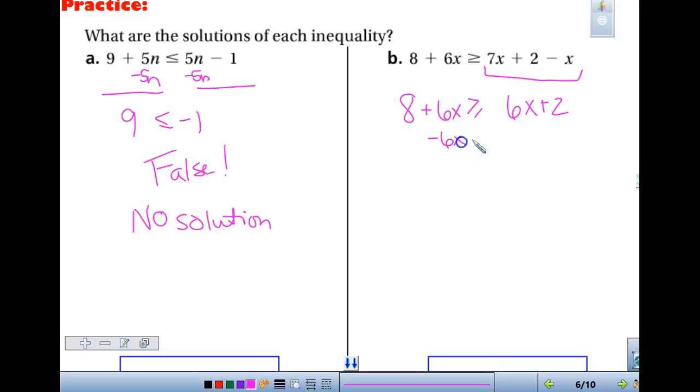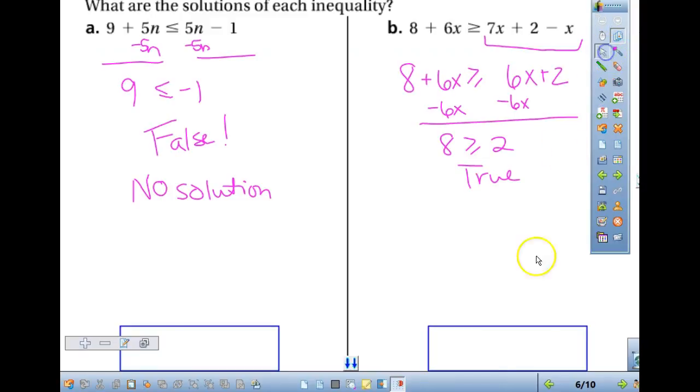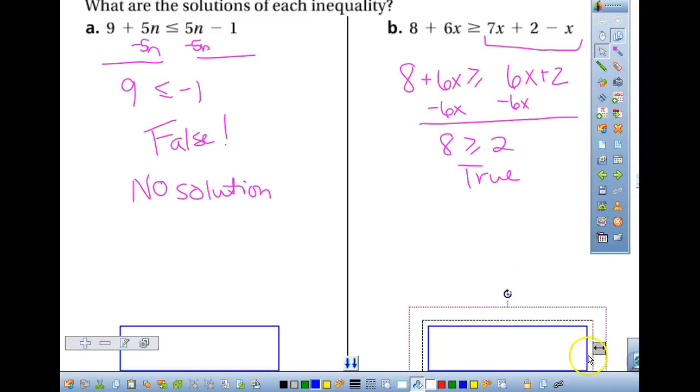Subtract 6x. So always the variables first. Move the variables to one side of the equation, which in this case, 8 is greater than or equal to 2. That is always a true statement. So we are going to say that our answer as we are looking at this one is all real numbers.